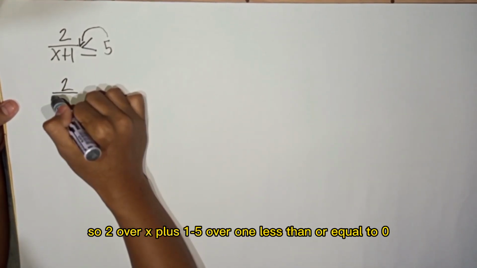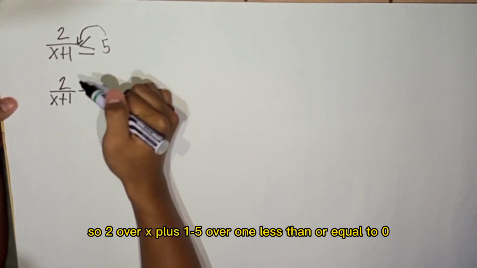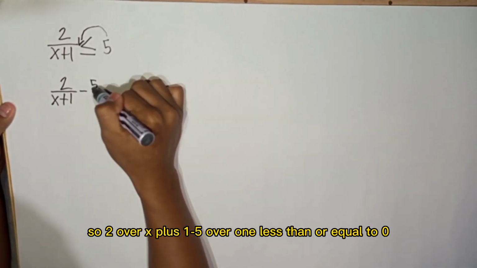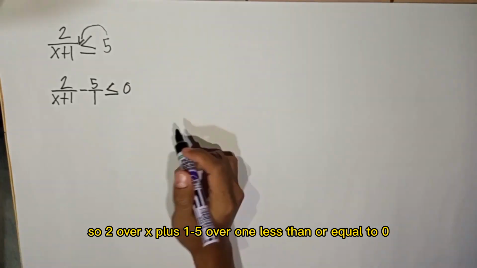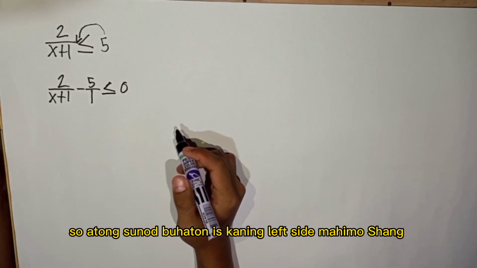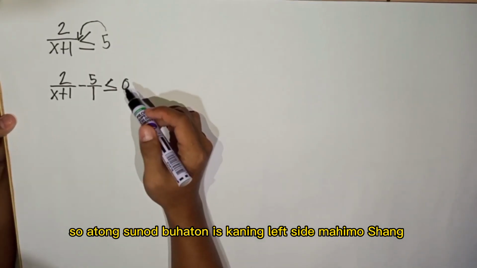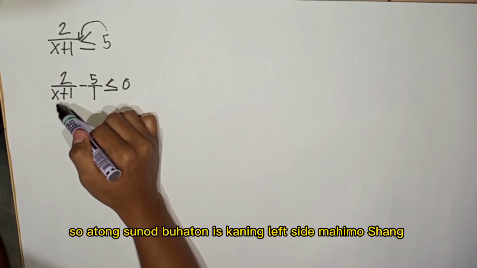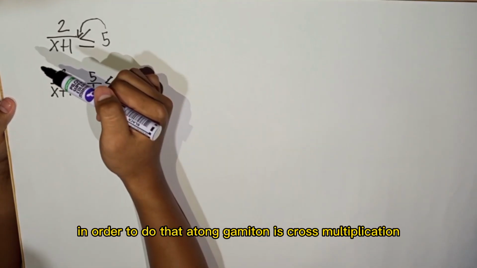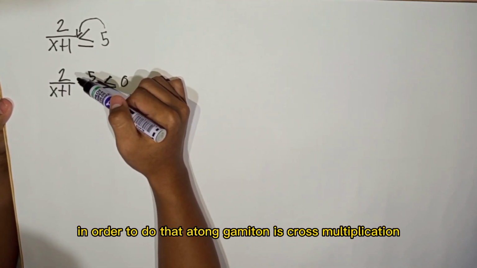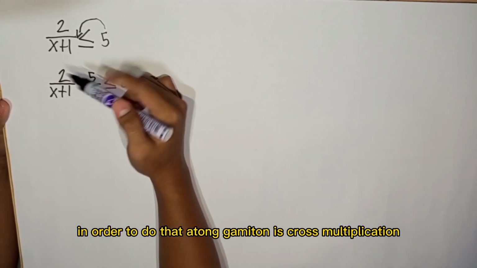So 2 over x plus 1 minus 5 over 1 less than or equal to 0. So atong sunod buhaton is kaning left side mahimo siyang single rational expression. In order to do that, atong gamiton is cross multiplication.